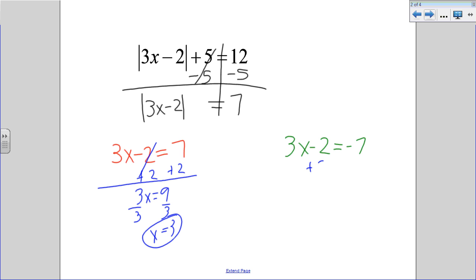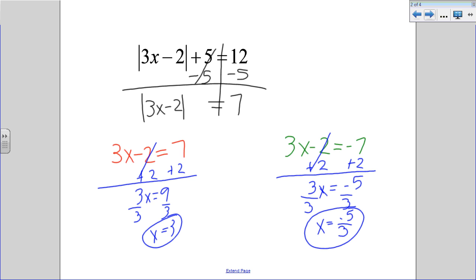Back to doing some basic algebra. Add 2 to isolate x. I get 3x is equal to negative 5. Divide by 3. I get x is equal to negative 5/3.